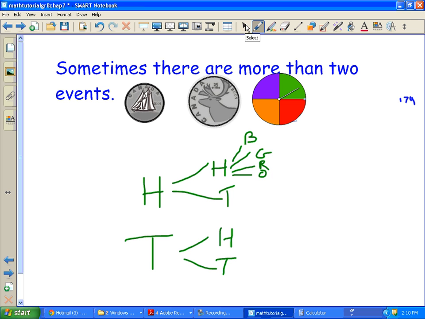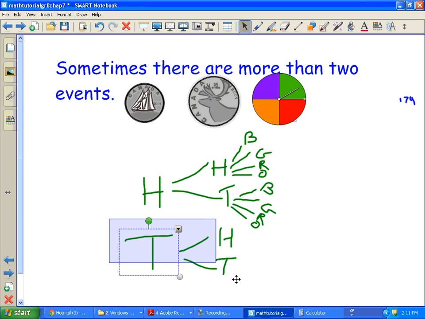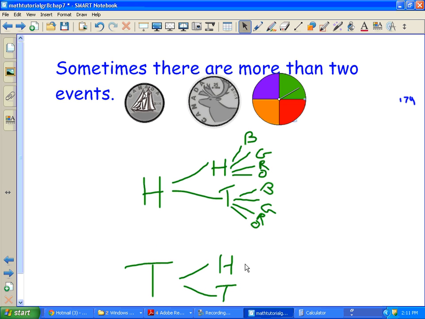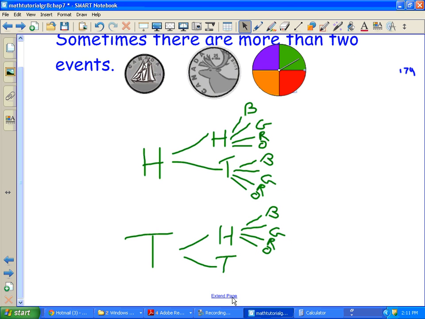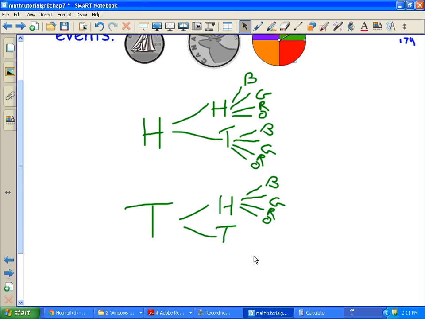So again, I can do the exact same thing, and I could get blue, red, green, and orange for each possible event. Let's say I get a tail in this one. I could get blue, red, green, and orange for that one as well, and again for this one. Four possible outcomes for the spinner. And finally, of course, I could get blue, red, green, and orange for the last one.